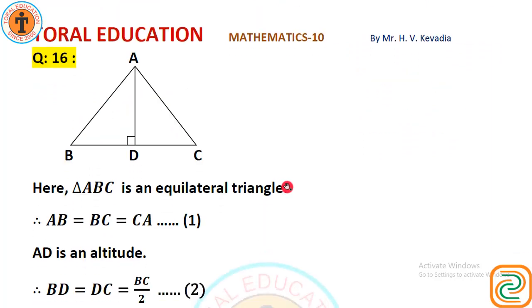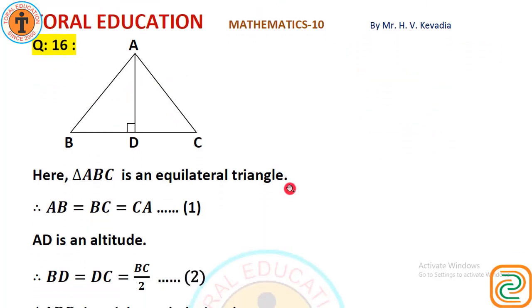Question number 16. In an equilateral triangle, prove that 3 times the square of one side is equal to 4 times the square of one of its altitudes. That is, 3AB square equals 4AD square.